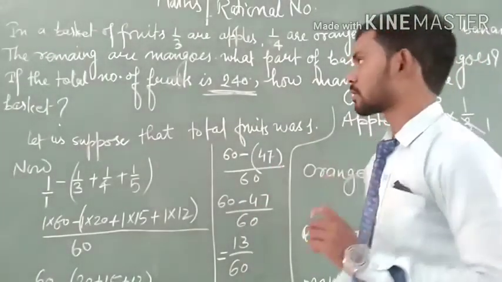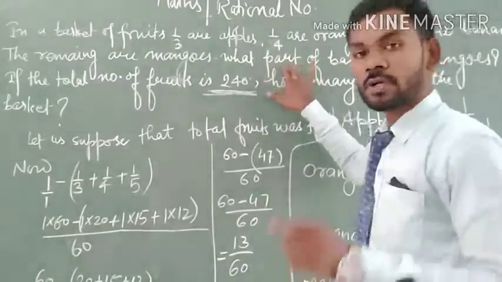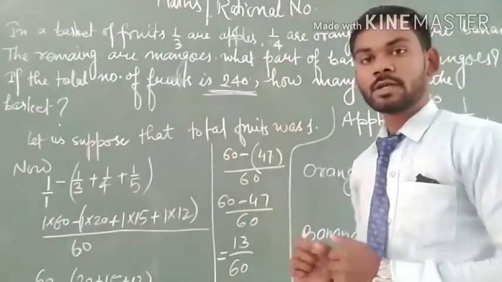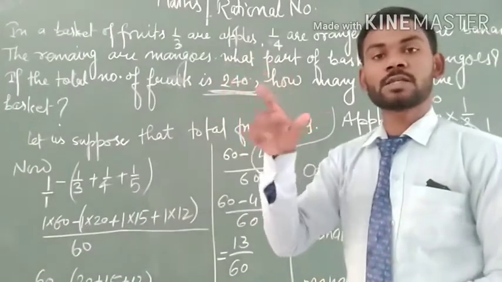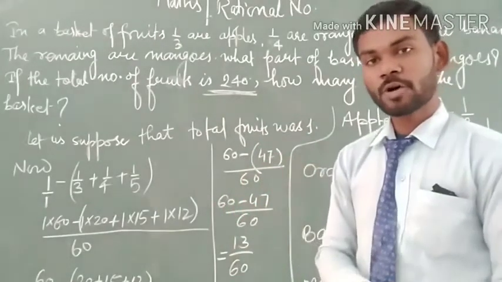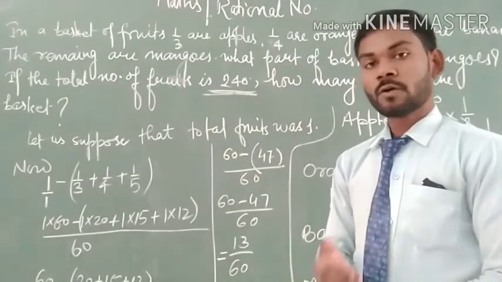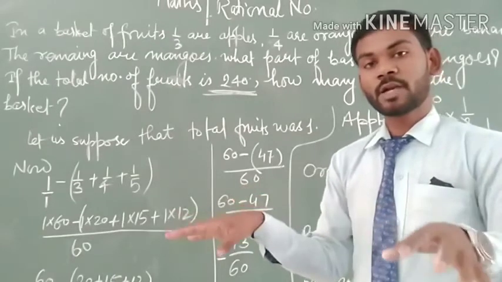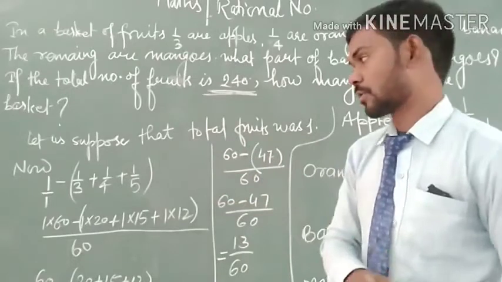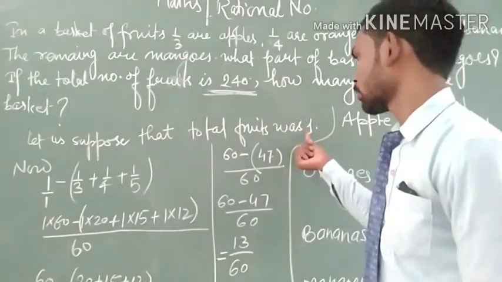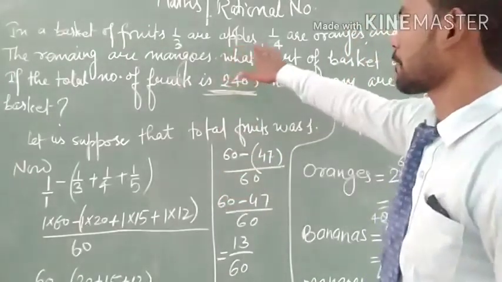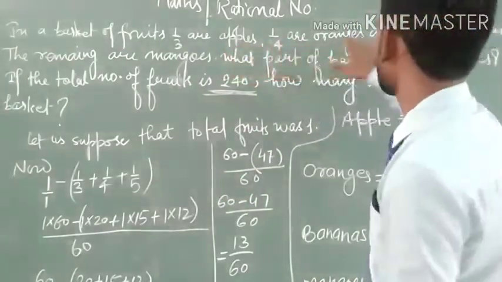So in order to get the part of mango, first we shall consider the whole as one, because there is only one basket, and that basket is filled by various types of fruits. So when we separate them, we get a part of different fruit. Here we consider the total fruit as 1, and the given parts 1/3, 1/4, 1/5.